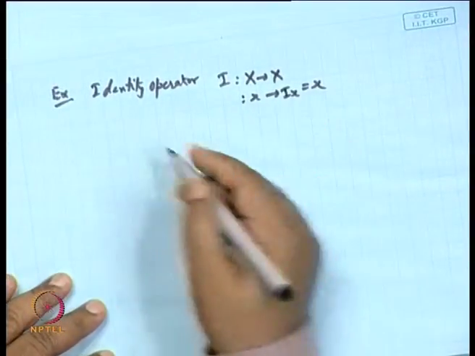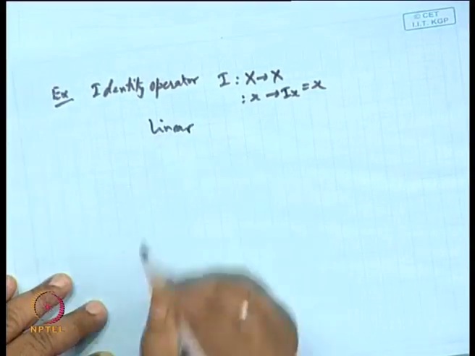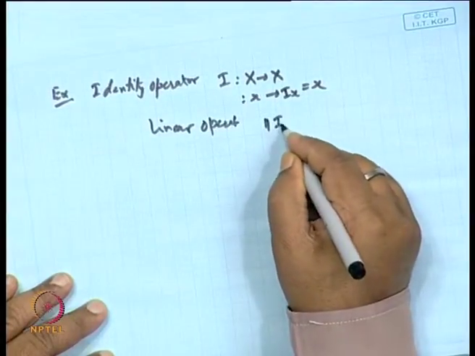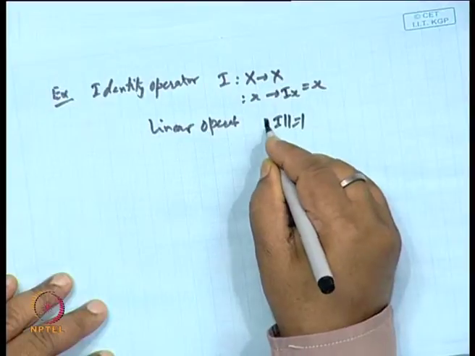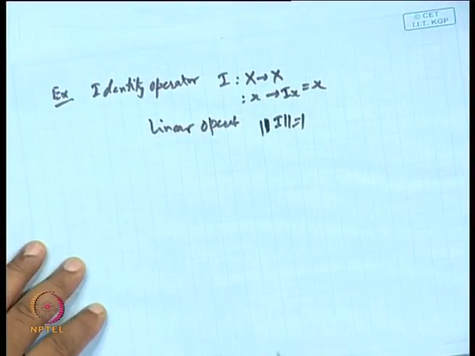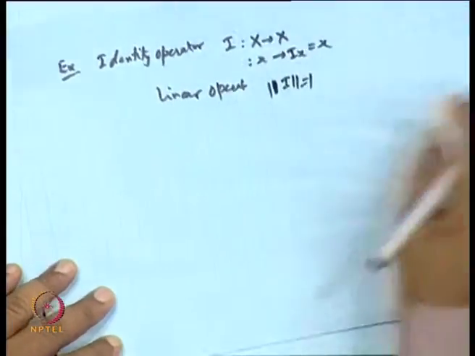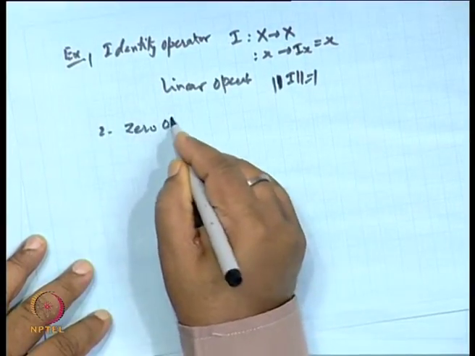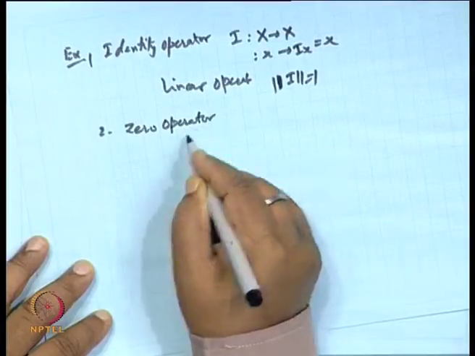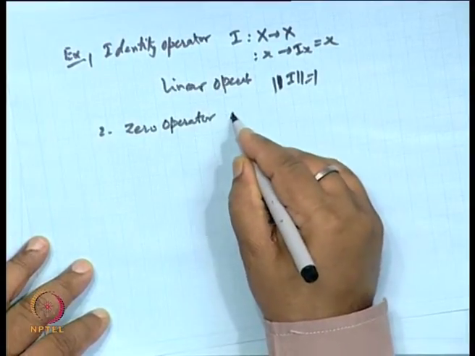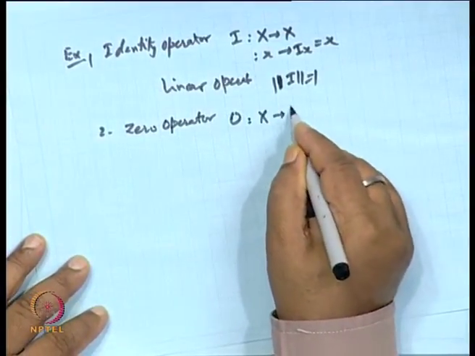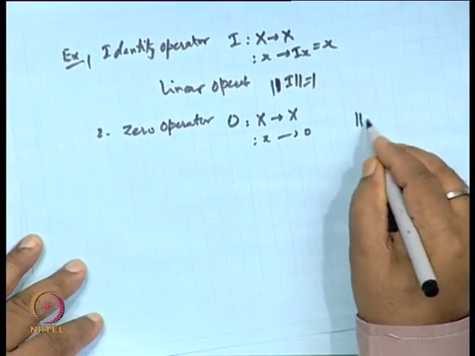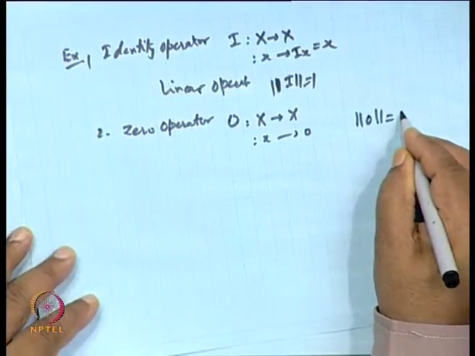Obviously, it is a linear operator and bounded also, because its norm is 1, easily verified. Then the zero operator is also a bounded linear operator, 0 from X to X, which carries the image x to 0, and it is bounded with bound 0.